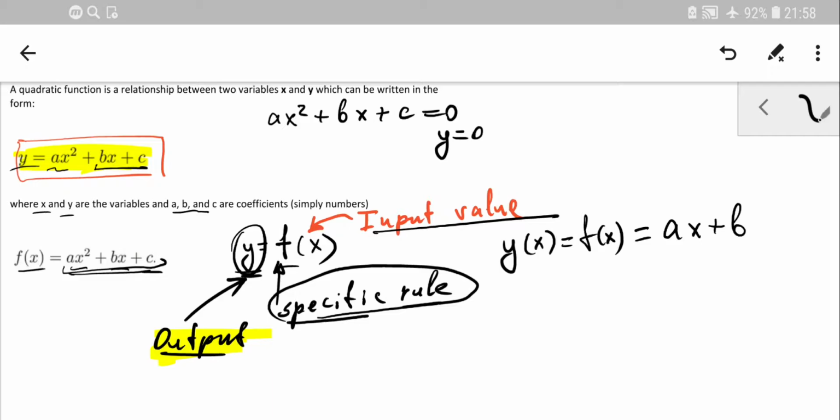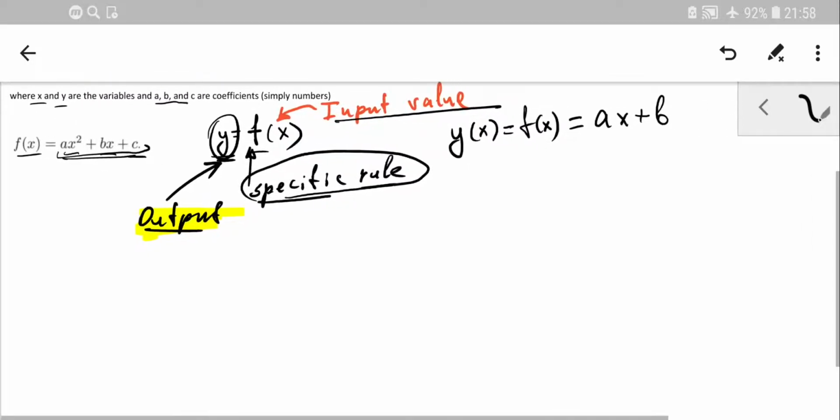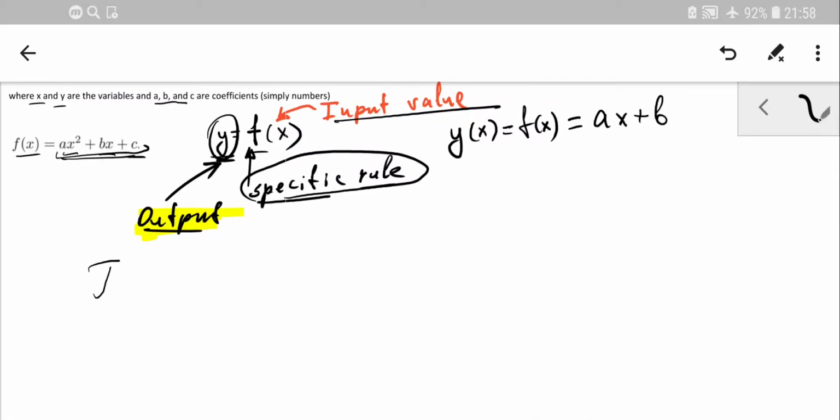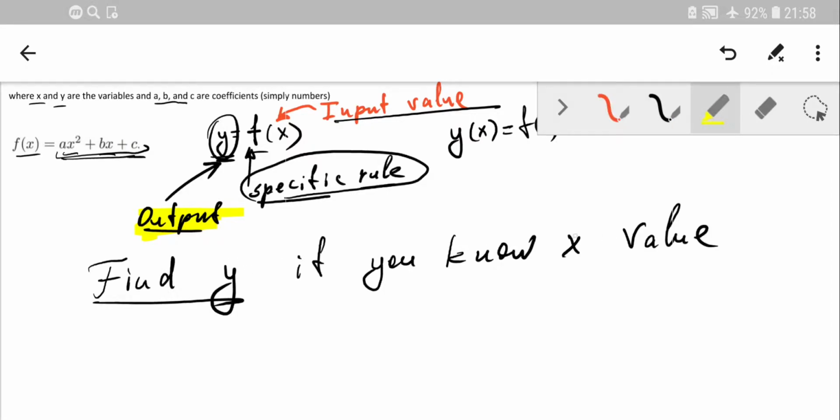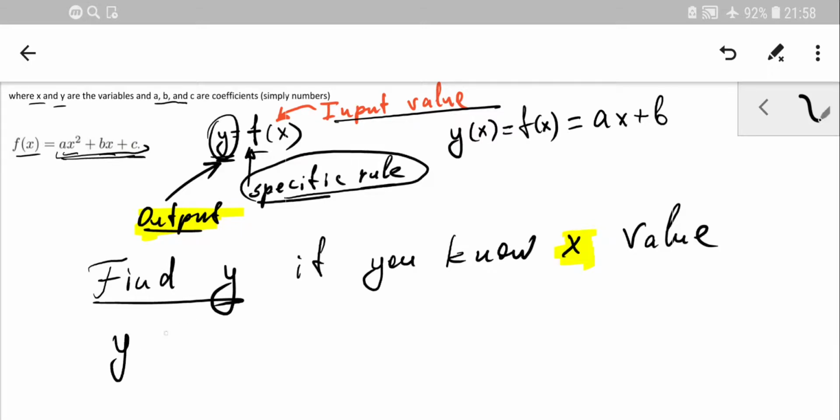Okay, so now we'll try to solve two types of problems. The first, you need to find the y value if you know the x value. So in other words, you'll be given x for a specific function, for which you also need to have a specific expression.